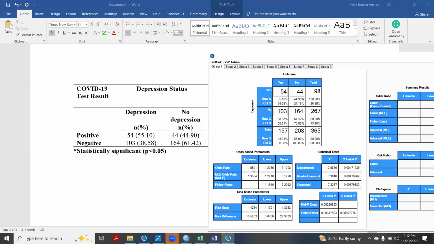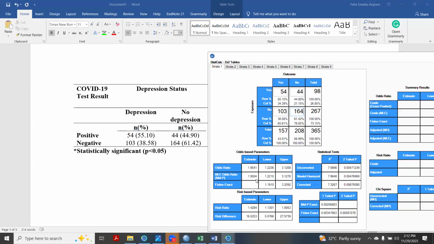It has also generated the odds. It has generated the relative risk, the risk ratio. So whether you're going to use odds or relative risk, the risk ratio, is dependent on the study design. Now, in this particular one, our interpretation is that those that tested positive, they are 1.95 at odds of having depression.